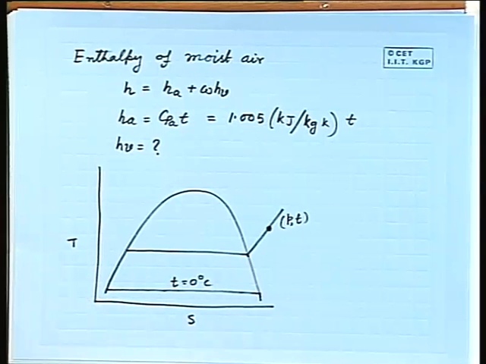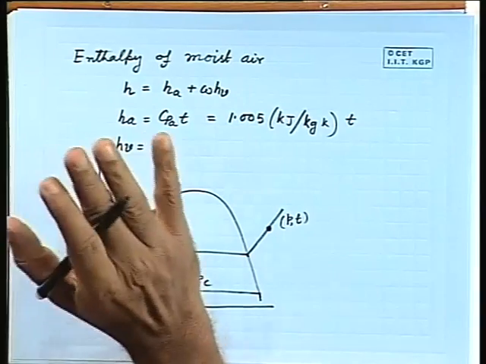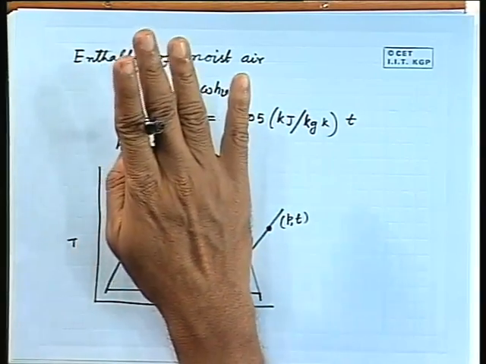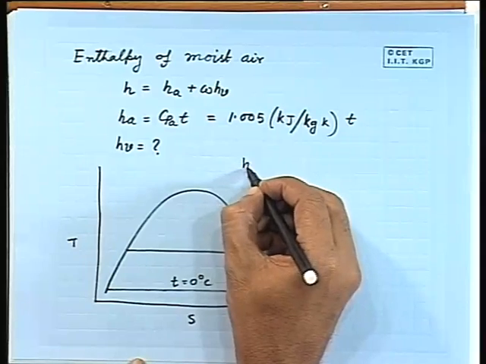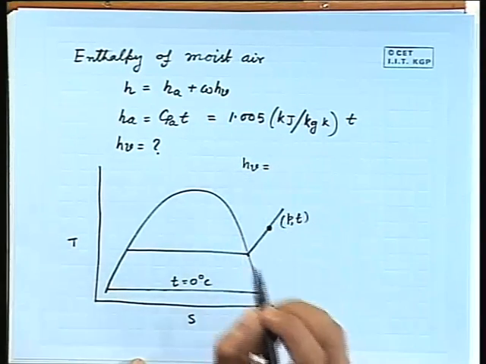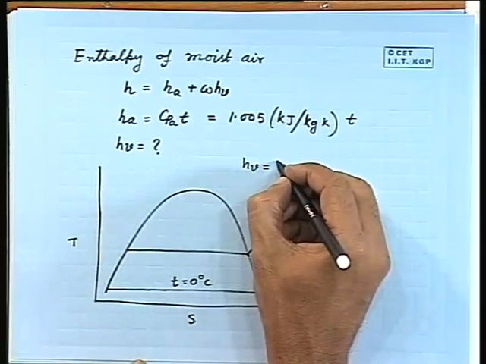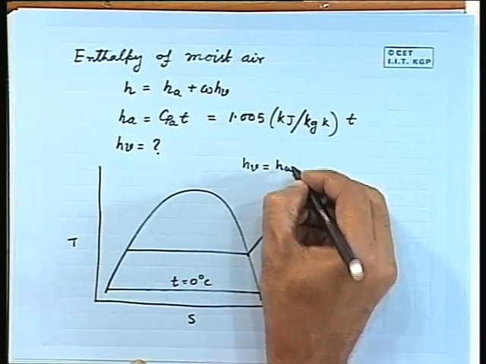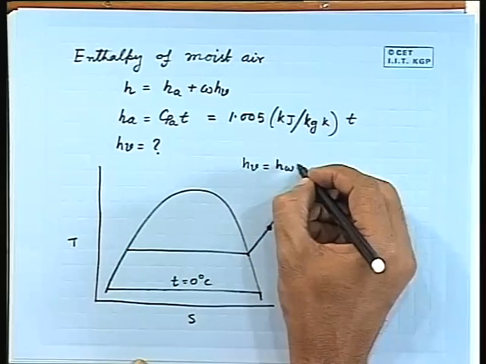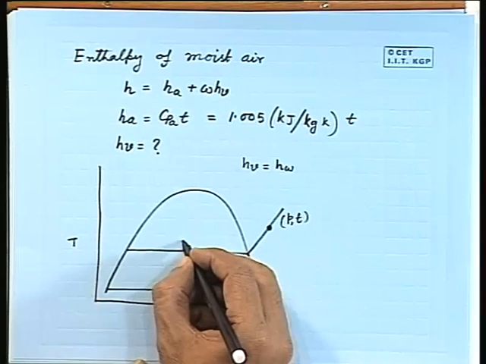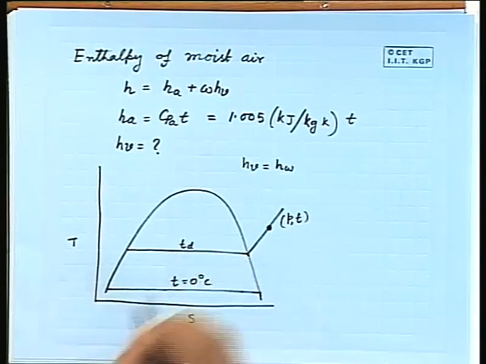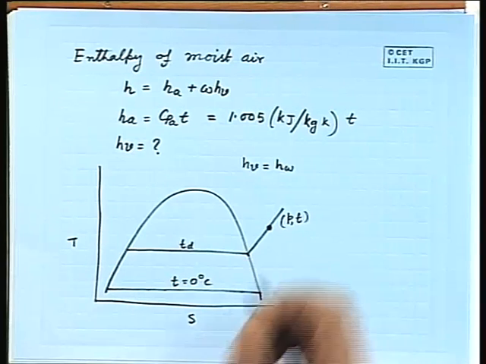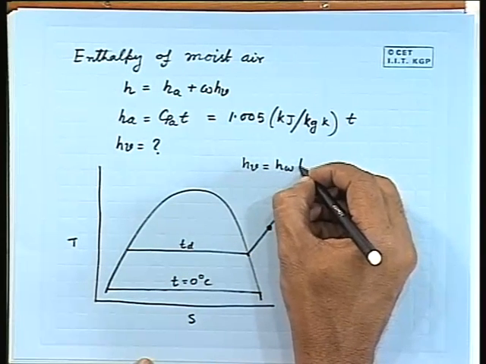This is the process responsible for attaining the enthalpy HV. Then I can write HV is equal to H water into TD, the dew point temperature.